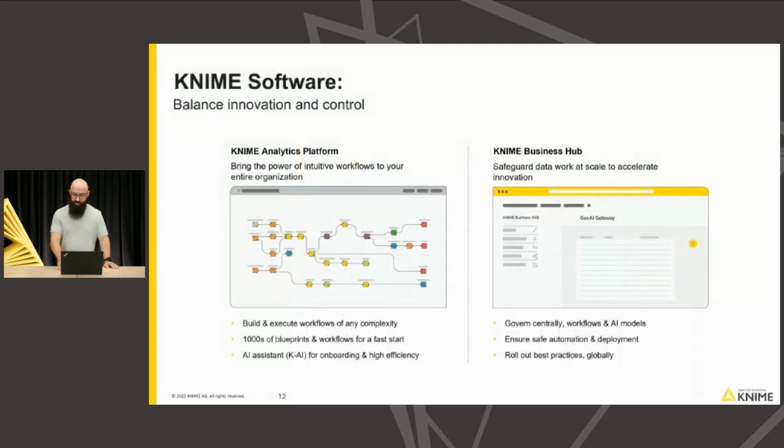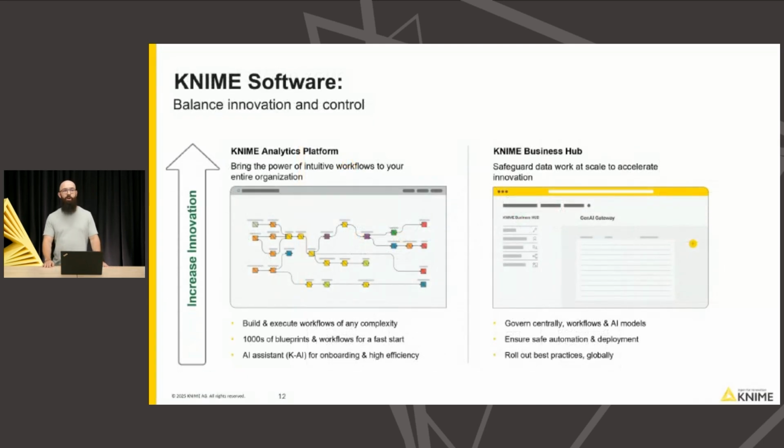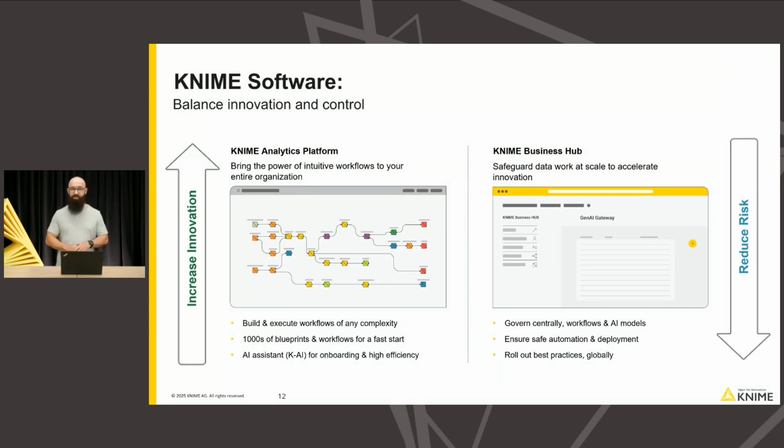But of course, with the analytics platform, we are giving a lot of power into the hands of individuals. And if you're an enterprise, that's great because it drives innovation, but you also need to manage risk, which means we need to govern what's going on with all of the workflows that might be running everywhere in the company.